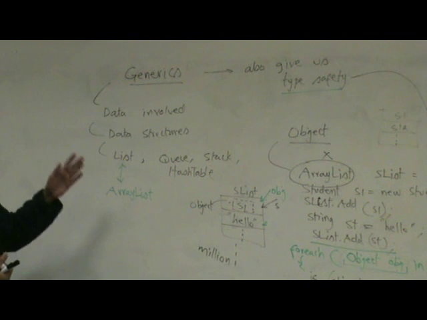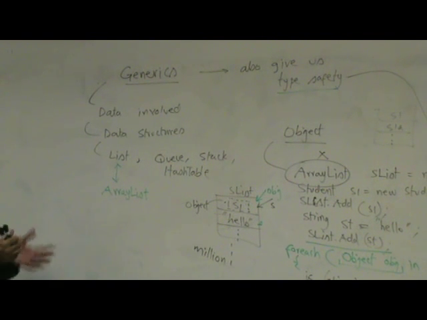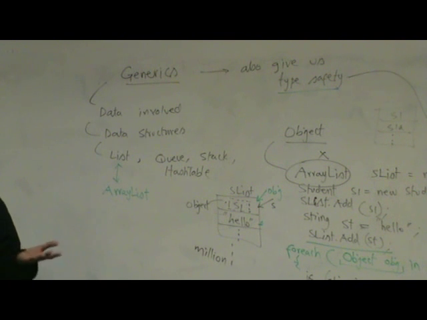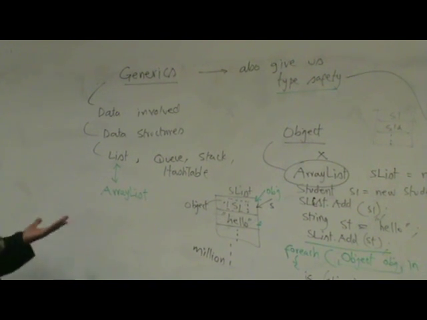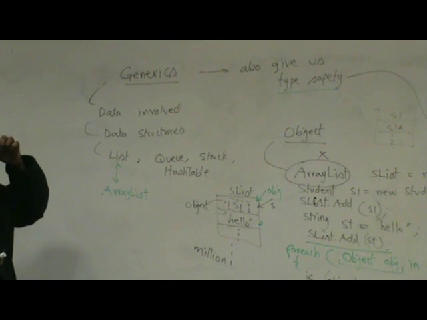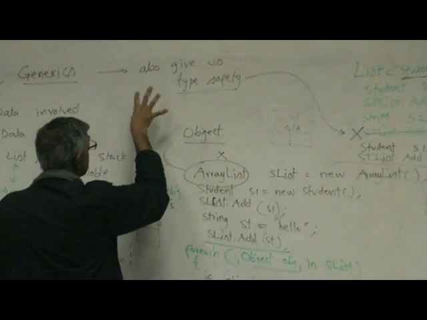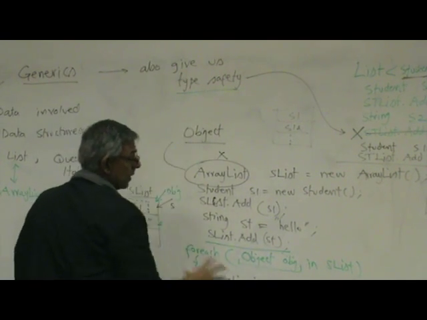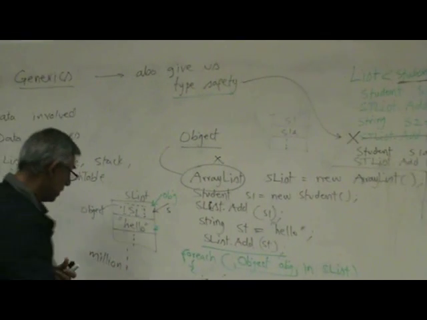So a lot of the data-related classes that are already in the library are generics to begin with, right? If you are creating your own very special data structure, you can make it generic, just like we discussed last time, right?